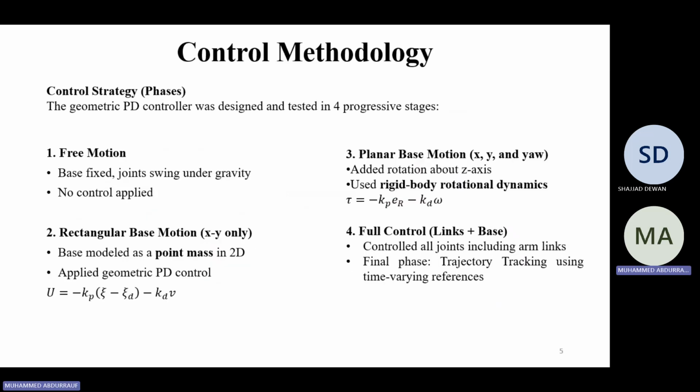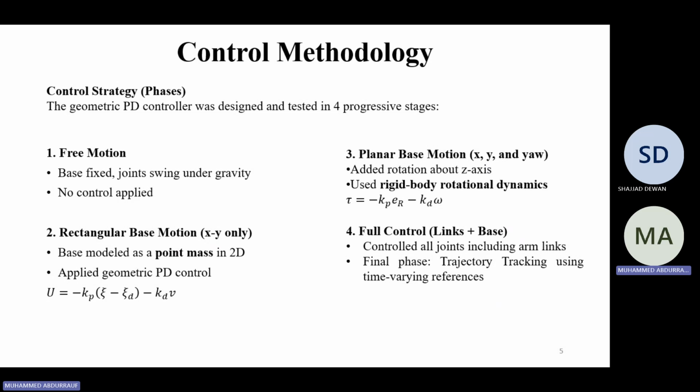For the control strategy, since this is something we're very new to as a group, we plan to take this progressively from the simplest case to the last case scenario. The initial phase is free motion: we assume the base of the EP Core is fixed, and the joints swing under gravity, with no control applied.